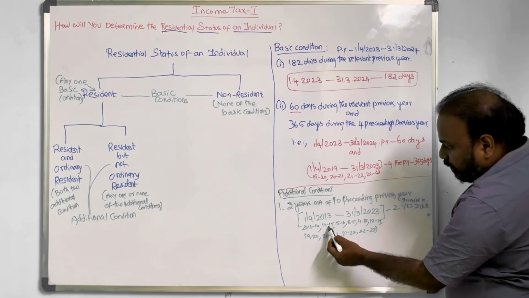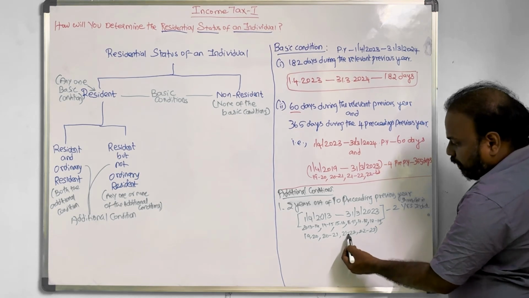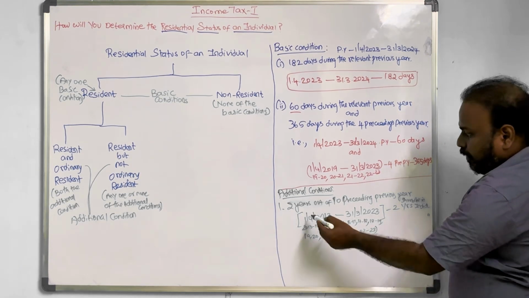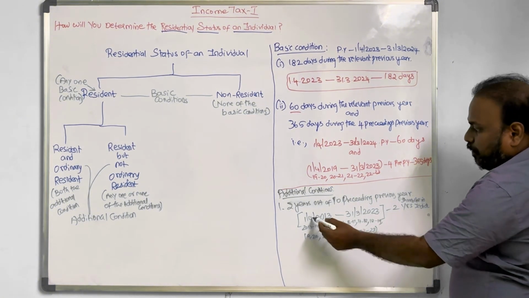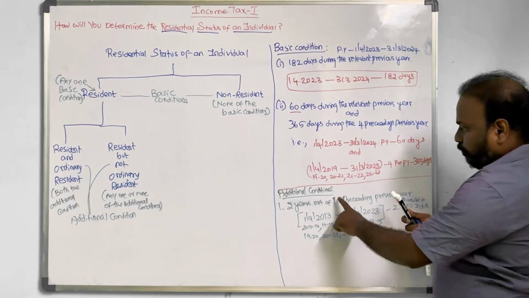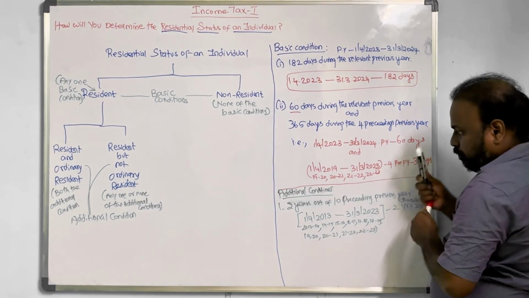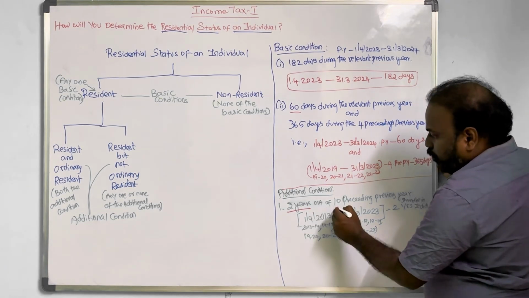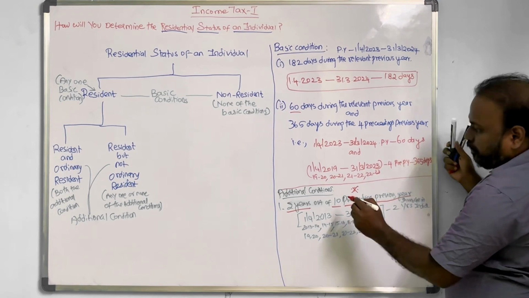The first year, second year, third year, up to the 10th year, that is from 1/4/2013 to 31/3/2023. Out of 10 years, he should be in India for 2 years. So, 2 years out of 10 preceding previous years.